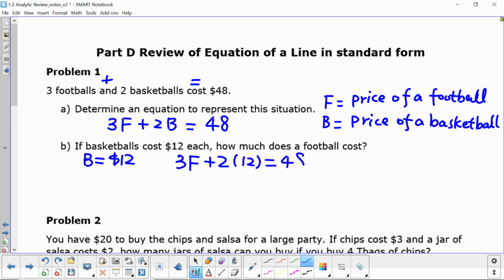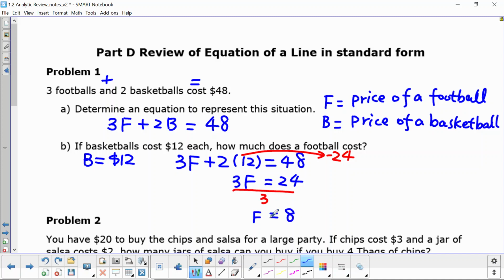Then you will see this is just a linear equation again. We move the 2 times 12, that is 24, to the other side. Do the opposite operation, plus becomes minus. Then you are going to have 3 footballs equals 24. Then we move the 3 to the other side. You will have F equals 8.